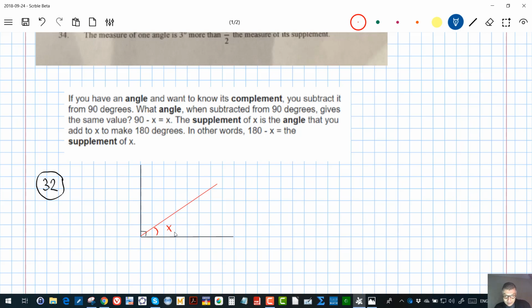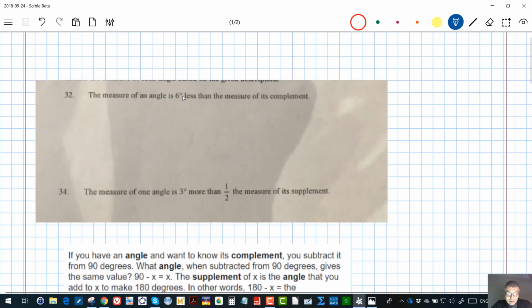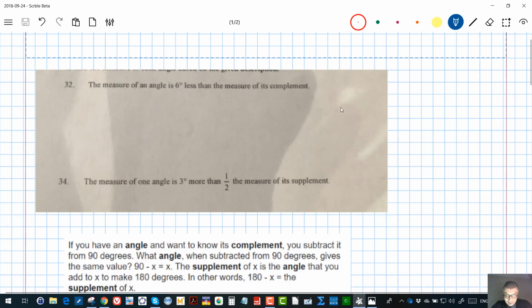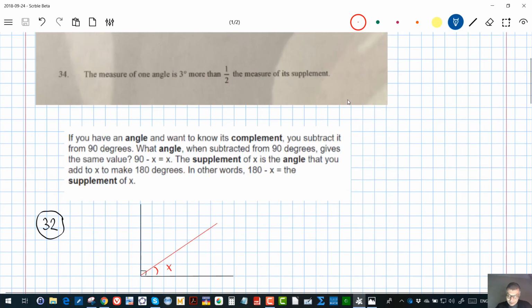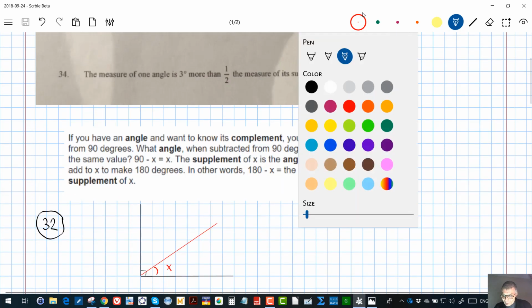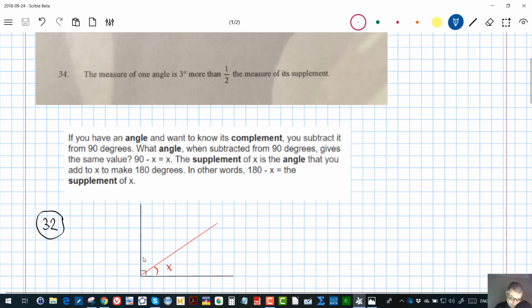All we know is that it's 6 degrees less than the measure of the other angle, which I'll make, for example, purple. This is complement to x.